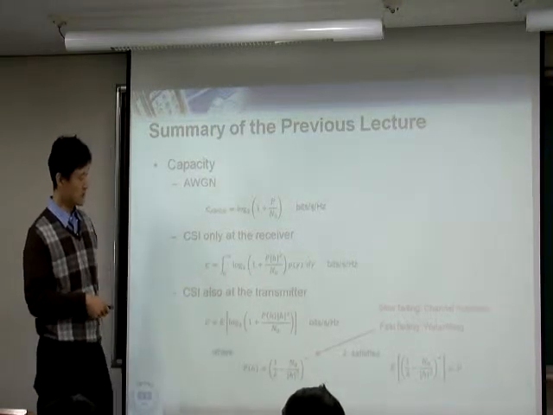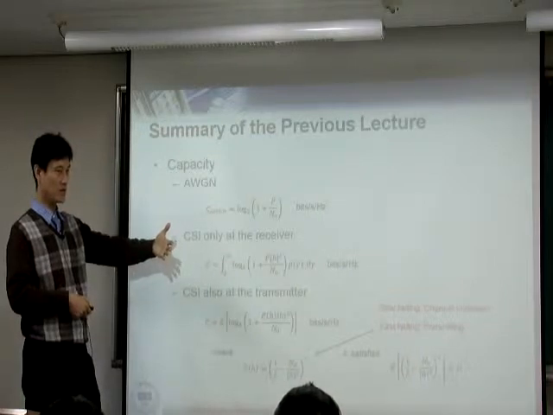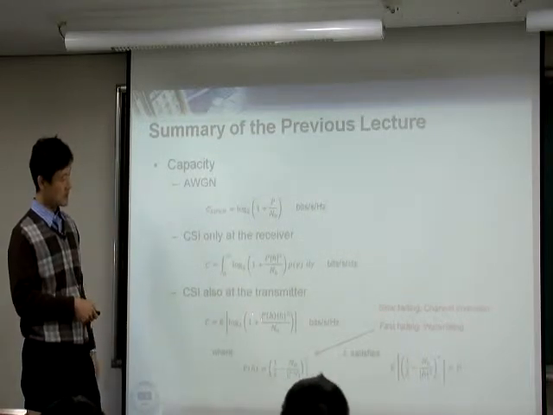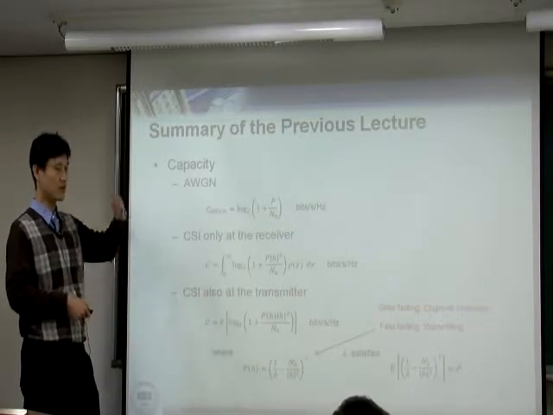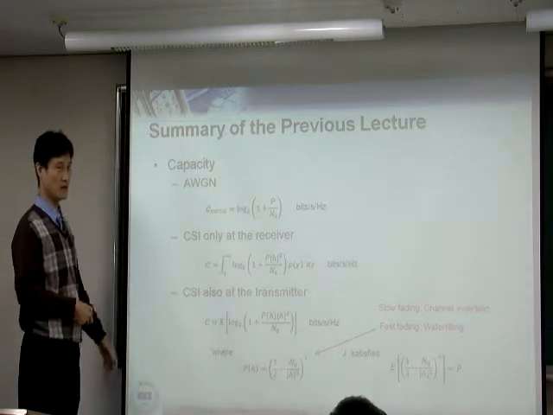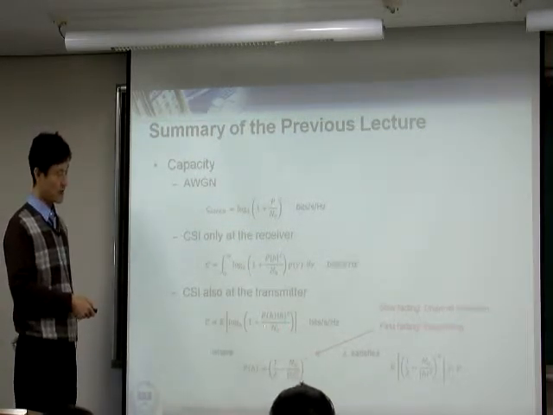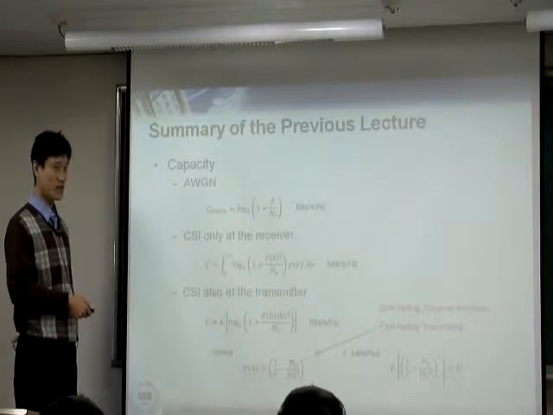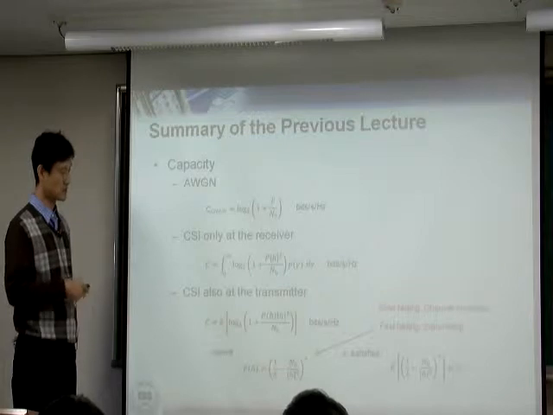But in this case, the transmitter knows how the H changes. So considering that, the transmitter can also vary its own transmit power. We're going to cover that in a minute. If you do that, then generally you can expect a higher performance, higher capacity.